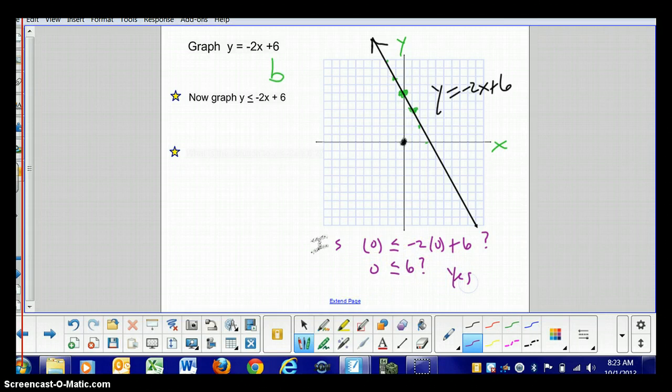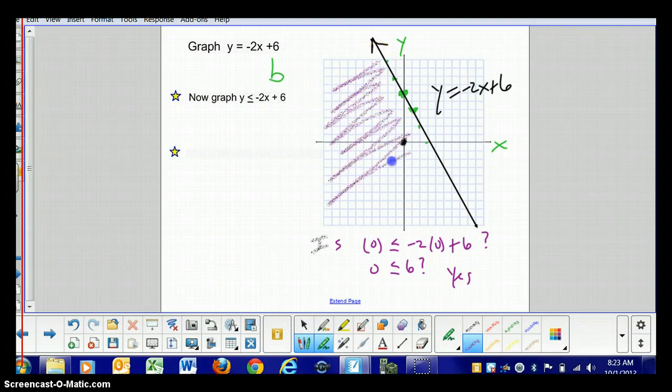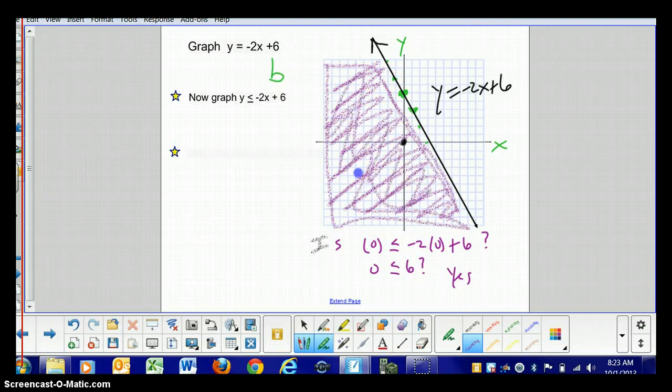Yes, indeed it is. So I am going to shade the half of the plane that contains the point 0, 0. So all of this right here would be my solution set, all the way up to that line, and including the line. All the points on the line are part of the solution set as well.